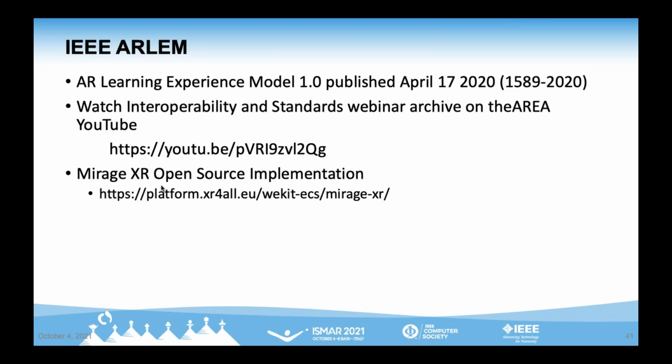I'm also active in the IEEE AR Learning Experience Model Working Group, ARLEM. P1589 was published in April 2020. So there is material out there about it, and there's an open source implementation, which I'll tell you more about in just a minute, that is available.